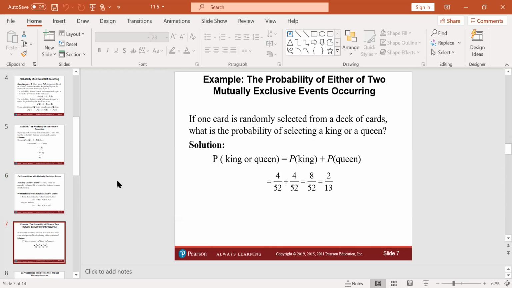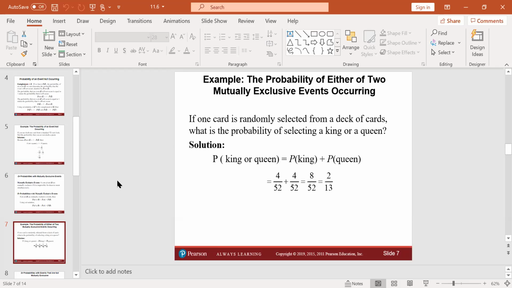So if one card is randomly selected from a deck of cards, what is the probability of selecting a king or a queen? Well, you're only selecting one card. If you're selecting two cards, then it's possible that one card's a king and the other card could be a queen.